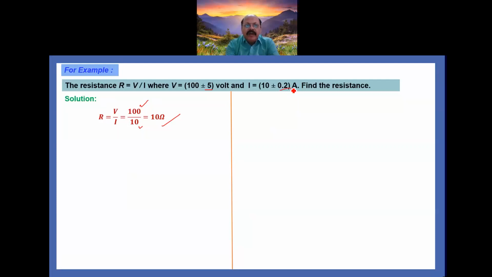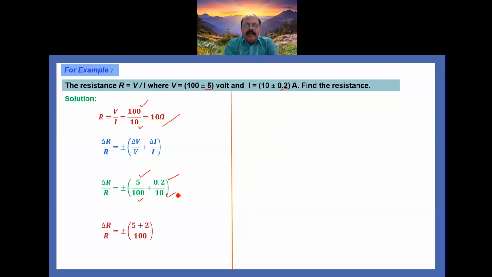So also you find out the relative error, delta R upon R equals plus minus delta V upon V plus delta I upon I. Substitute the values, you will get delta R upon R equals plus minus delta V is 5, V is 100, plus delta I is 0.2, I is 10. Now you simplify by taking the LCM.